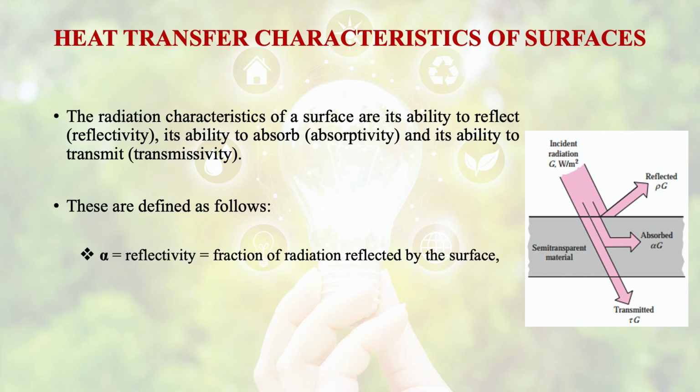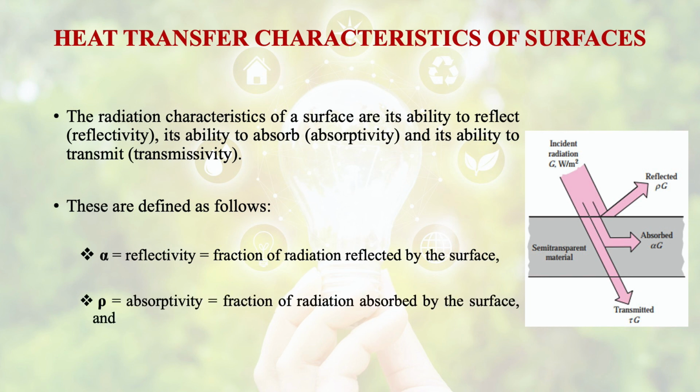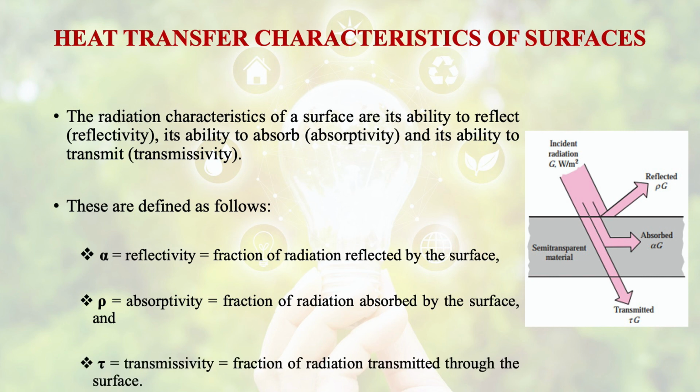Alpha is absorptivity, the fraction of radiation that is absorbed by the surface. Rho is reflectivity, the fraction of radiation that is reflected by the surface. And tau is transmissivity, the fraction of radiation which is transmitted through the surface. Basically all the radiation will either be absorbed, reflected or transmitted.